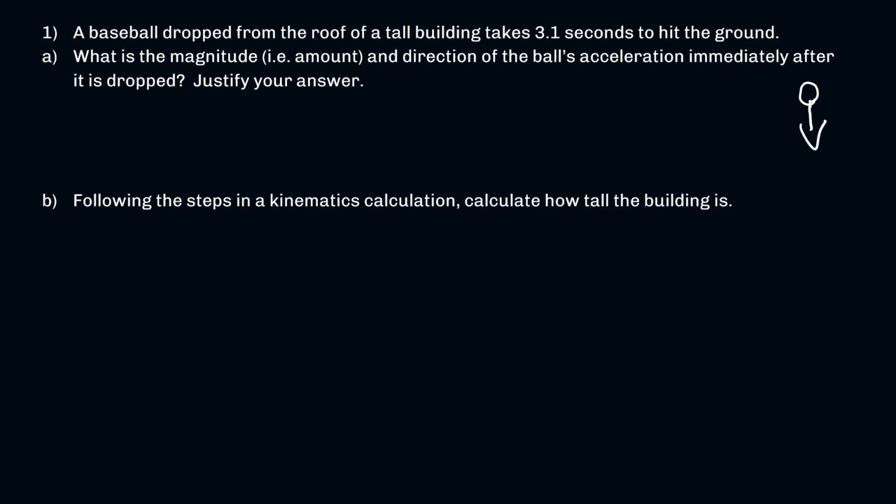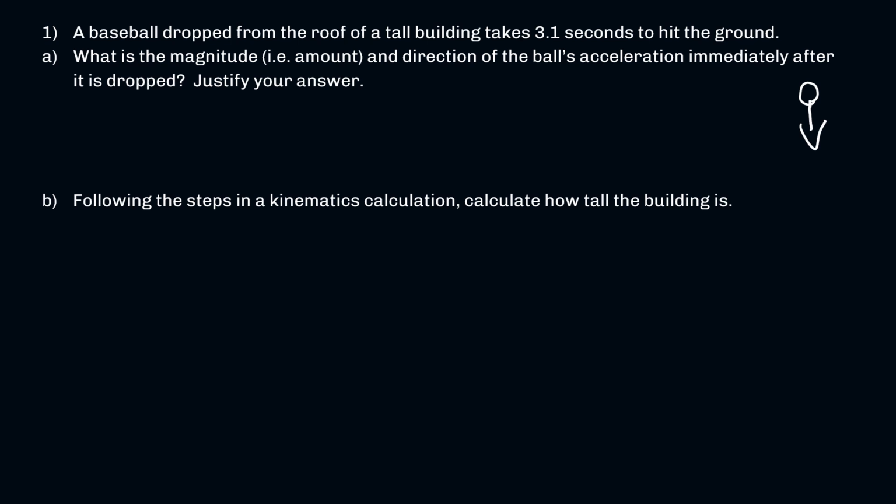Any object that is thrown upwards or dropped is going to be in free fall, and that's where my free fall facts come in. Its vertical acceleration when an object is in free fall is 10 meters per second, it gains 10 meters per second of speed every second, and that means that my acceleration is going to be 10 meters per second per second.